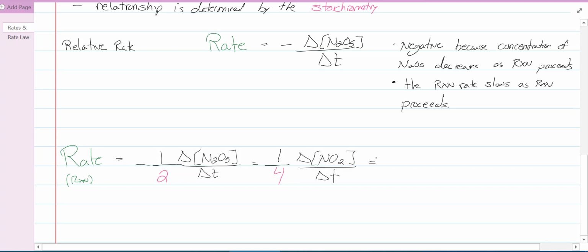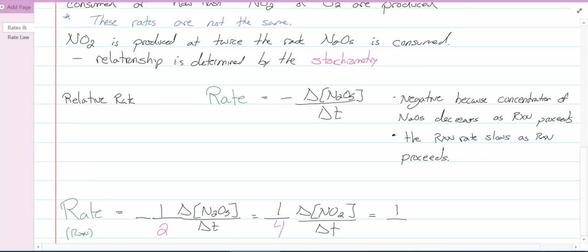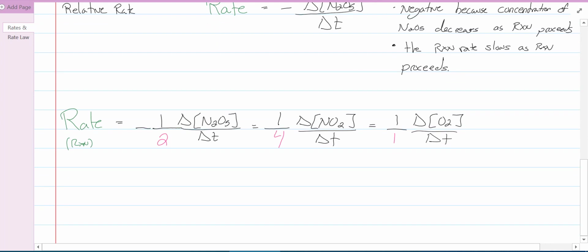It also equals 1/1, just 1, the change in concentration of O2 over change in time. So you've got the rate of the reaction. That's the overall reaction, the overall process. It's kind of like whatever process we're making, I need 2 N2O5s, 4 NO2s, 1 O2.